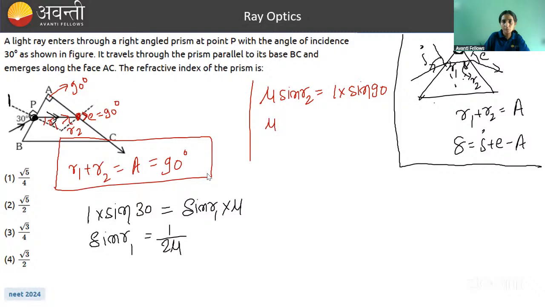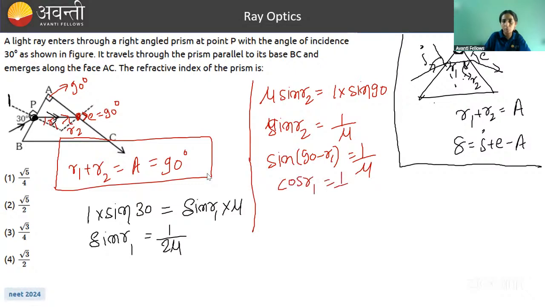So here you can see mu sine R2 is equal to 1. And sine R2, what can you write it as? 90 minus R1. So sine of 90 minus R1 is equal to 1 by mu. So from here you can clearly see cos R1 is equal to 1 by mu.